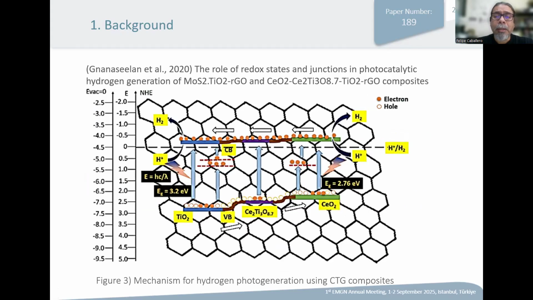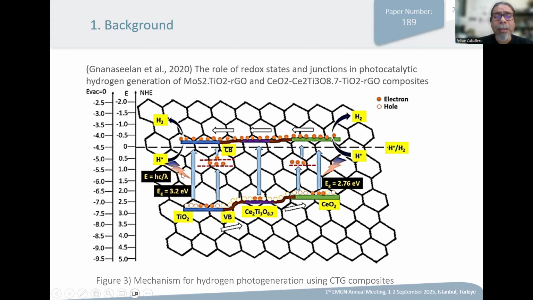For example, in previous work we produced a composite made of molybdenum, titanium oxide, and reduced graphene oxide, and also another composite made of cerium oxide, cerium titanate, titanium oxide, and reduced graphene oxide that has this band diagram proposed for hydrogen production.